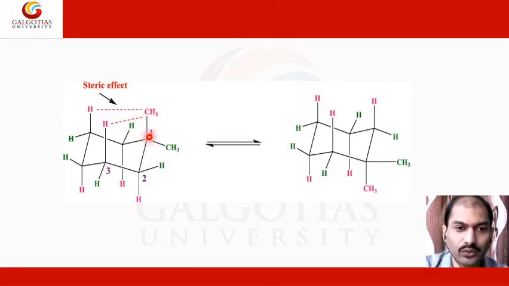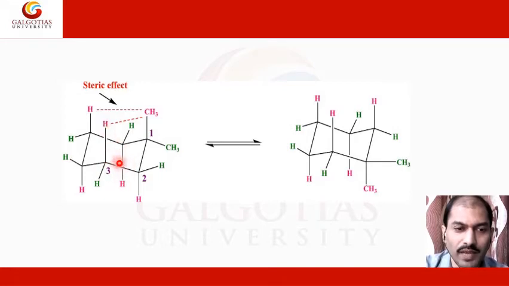So in that case, you have to put the numbering 1, 2, 3 so that you can see how this hydrogen is lying.